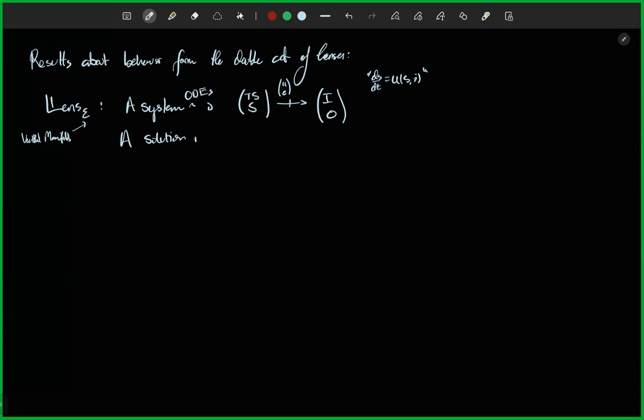A solution is a square. Here we have the identity, and we have 1, so dt/dt equals 1. And a solution is just a map like this.